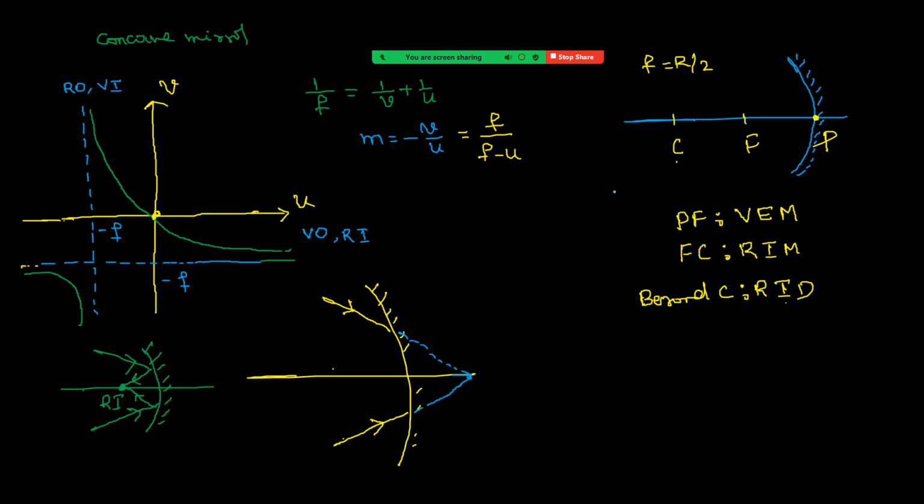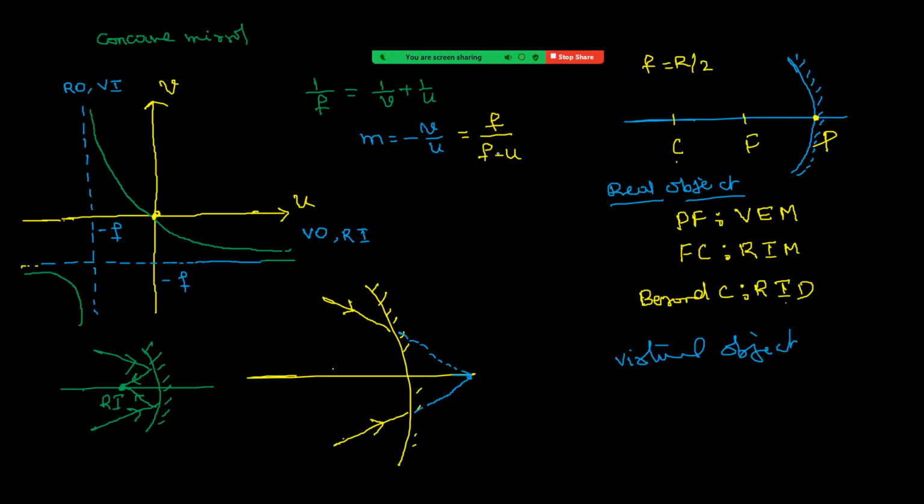So I can mention here, this is for a real object. Okay. And for a virtual object, see what we got. We got only one condition, right? That is, for a virtual object, real image.